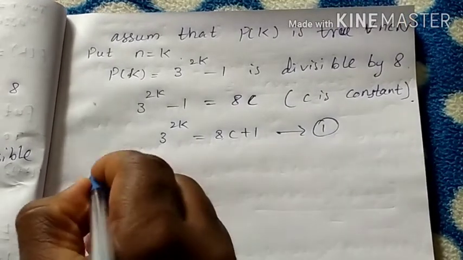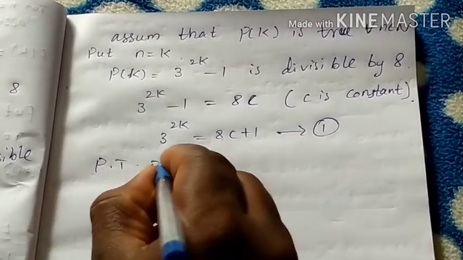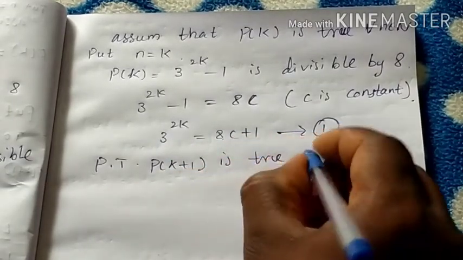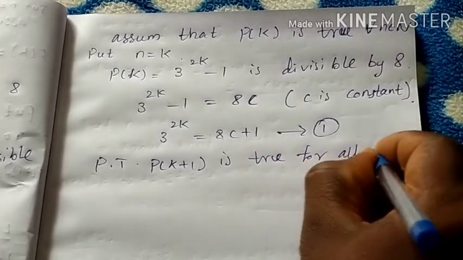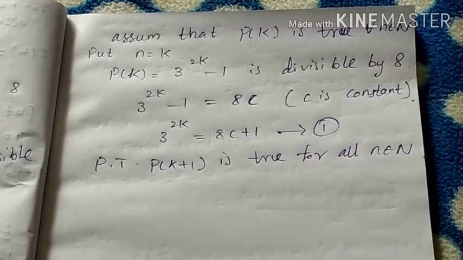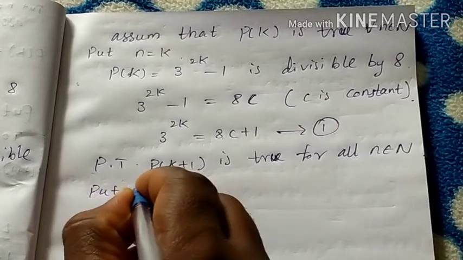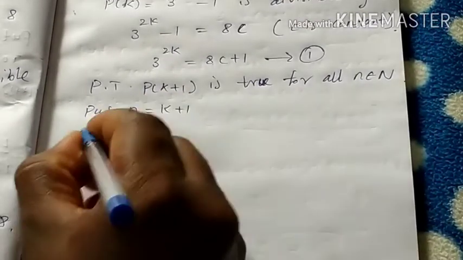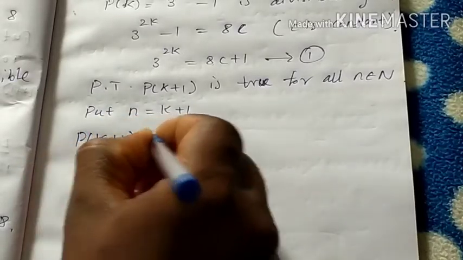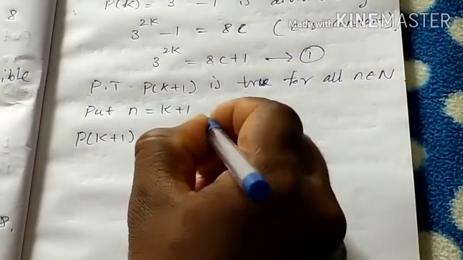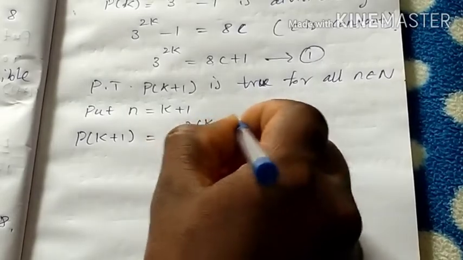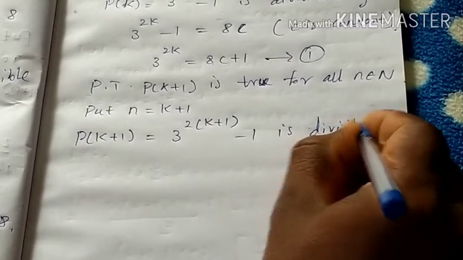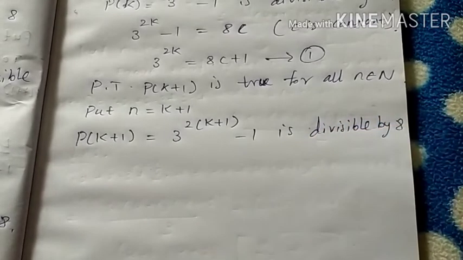Next, prove that P of k plus 1 is true for all n belongs to N. So put n is equal to k plus 1. So P of k plus 1 equal to 3 power 2 into k plus 1 minus 1 is divisible by 8.